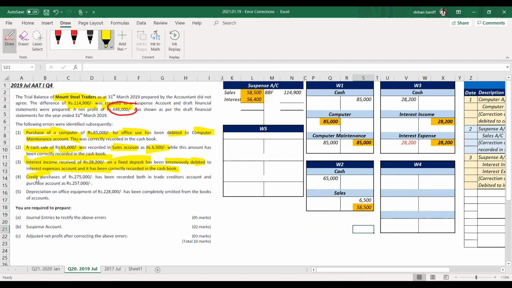Credit purchase of 275,000 has been recorded both in trade creditors account and purchases account as 257,000. Number 4.